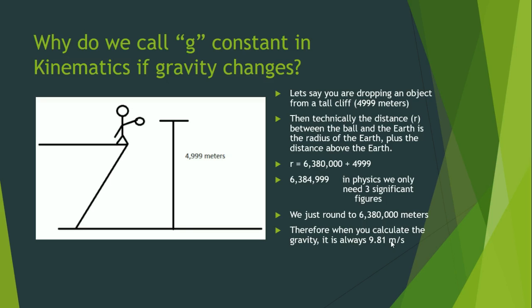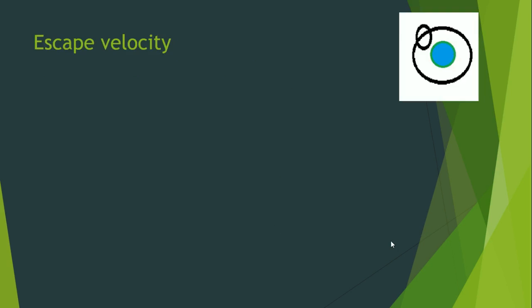So even though if we went 1 meter out it would change, it's such a small difference that we just call it constant. So we just keep it constant for all of our problems in kinematics. So this is why we don't even bother to care if it changes as it's moving.